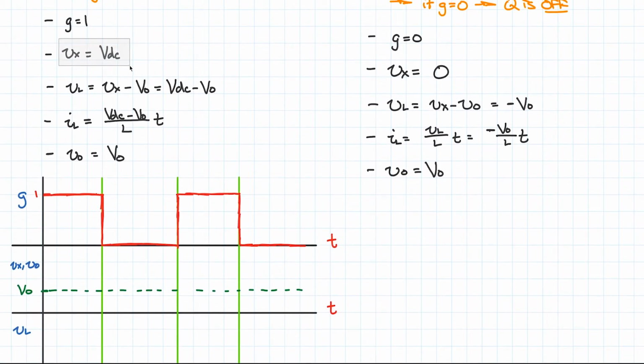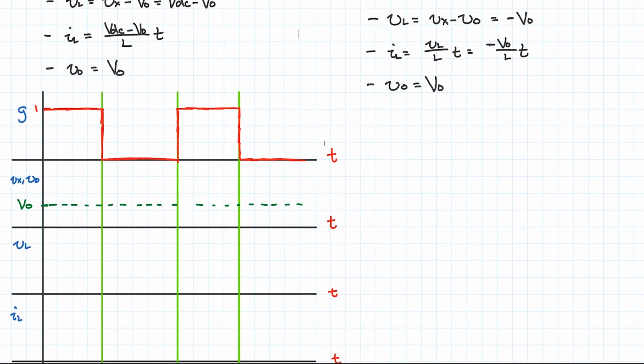We see that when G equals 1, Vx equals VDC, and when G equals 0, Vx equals 0. So if G equals 1, Vx equals VDC, and when it's not 1, this equals 0. So this is the waveform that we see here.